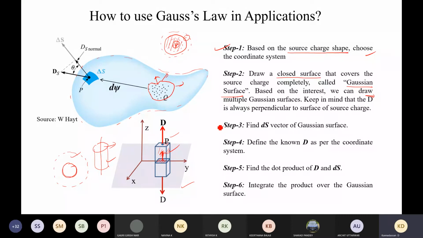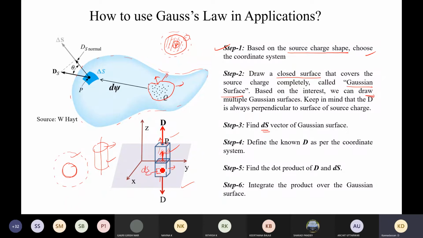Once we define the Gaussian surface, then we have to find the small surface area vector. We can see that there are about 6 surfaces available in this cubic structure. One is upward, one is downward, and the others are sidewise. So they will be having different dS.